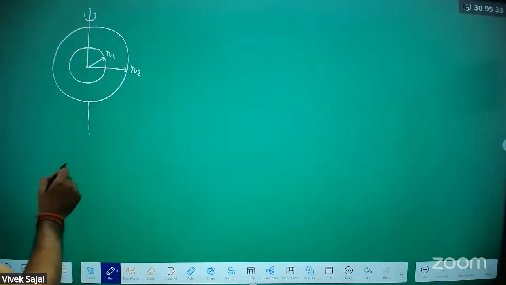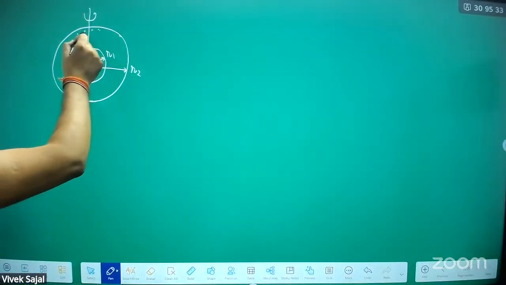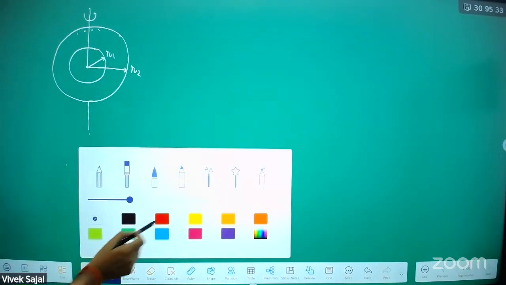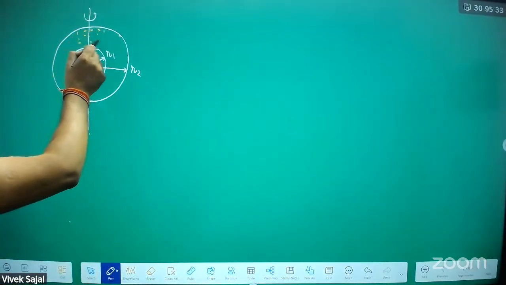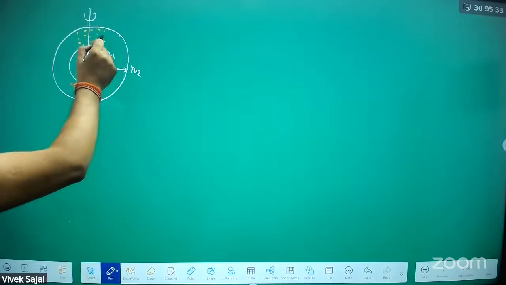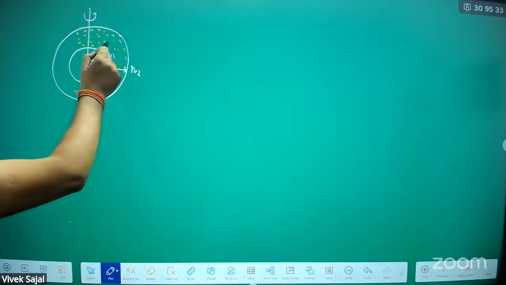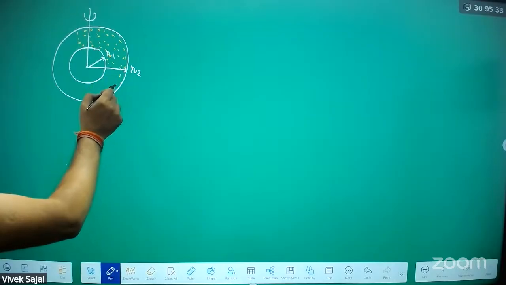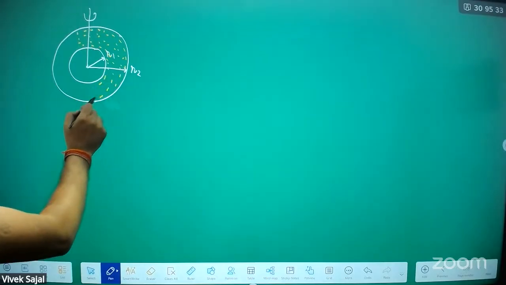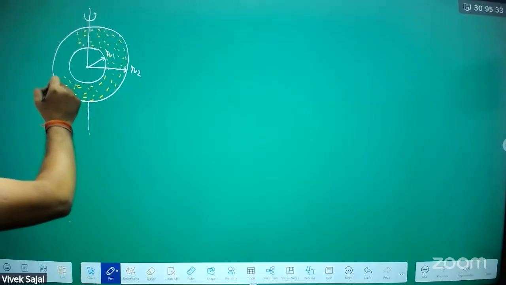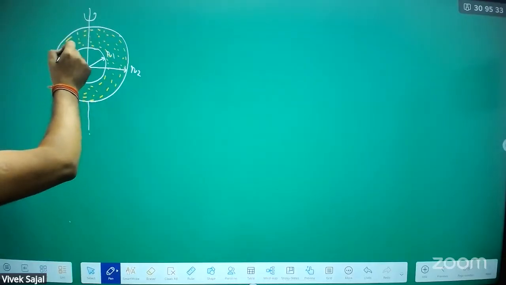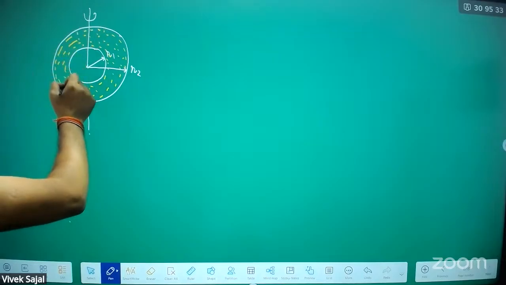ठीक है, मेरे पास कौन सा डिस्क है बेटा? ये annular disk है जैसे. Annular disk I'm having. This is the disk. ये वाला disk है. This type of disk I'm having. You want to find out the moment of inertia of the disk. ठीक है ना?